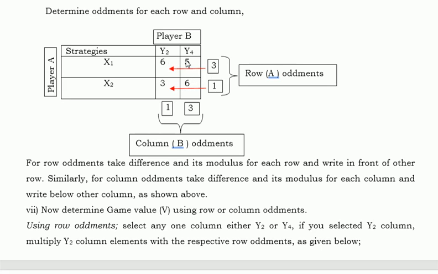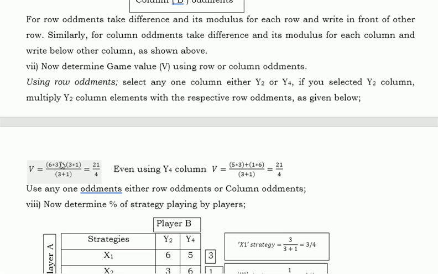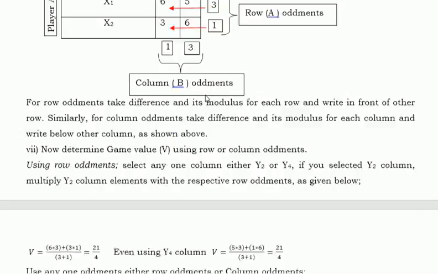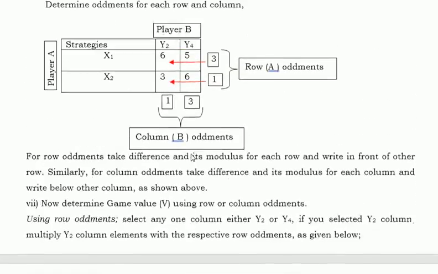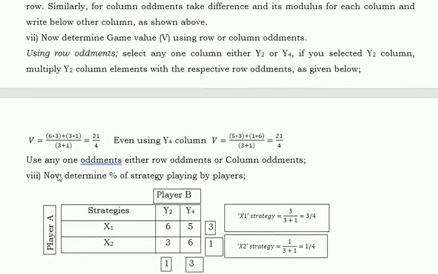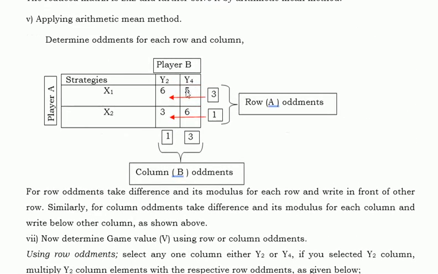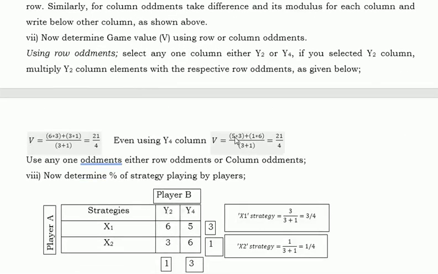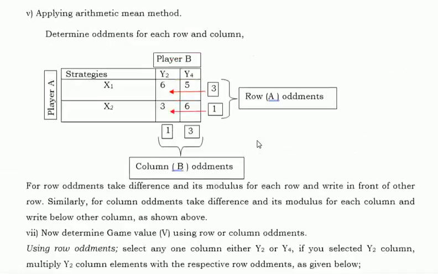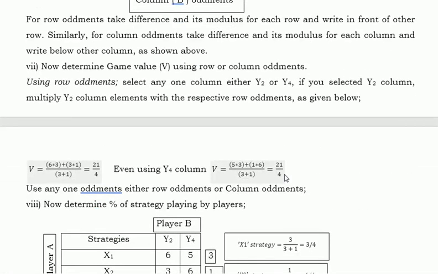If you select the y2 column, 3 into 6, as written here, plus 3 into 1, that is 3 into 1, divided by 3 plus 1, the summation of the oddments. The game value is 21 by 4. If you select y4, 3 into 5 plus 6 into 1, divided by 3 plus 1, here also 21 by 4. Select any one, no need to calculate both. This is just for a cross check.